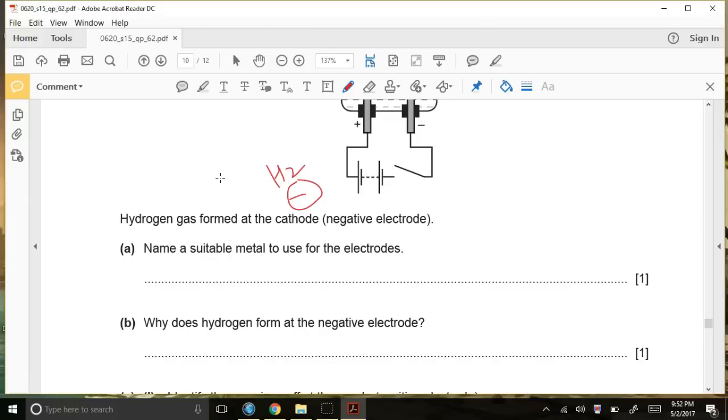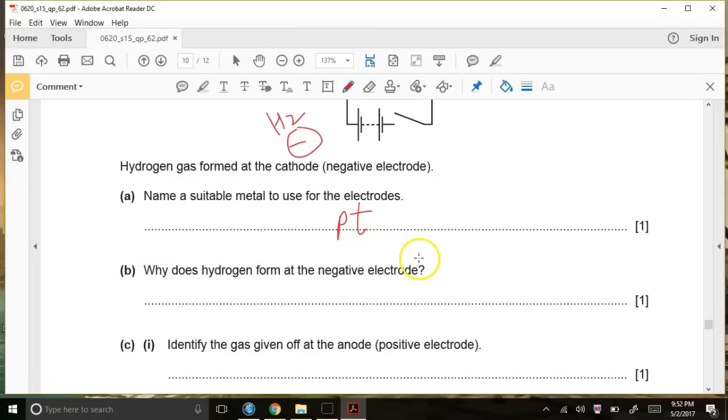It says, name a suitable metal to use for the electrodes. Well, one of the best metals to be used for this kind of electrolysis is platinum. And I think that's probably the best answer available. And why does hydrogen form at the negative electrode?